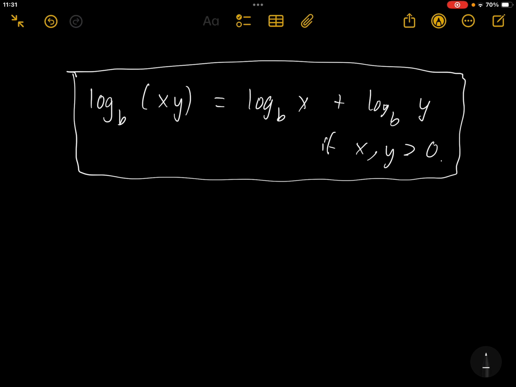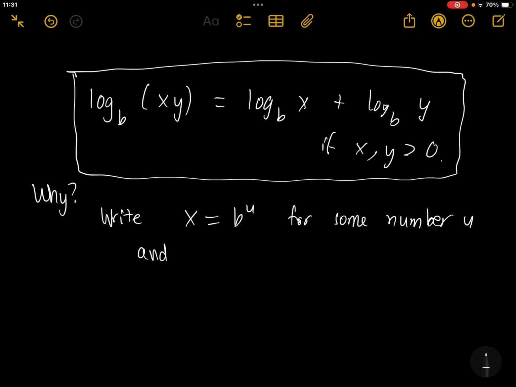So any positive number is b raised to something. So we can write, say, x is equal to b to the u for some number u, and y is equal to b to the v for some number v.